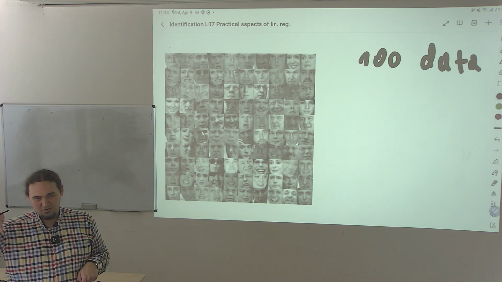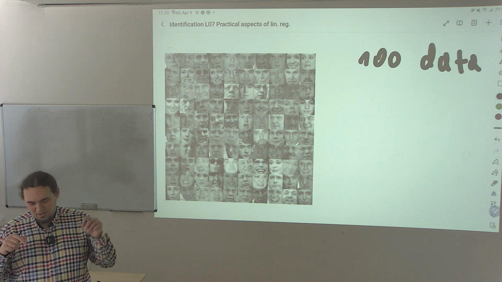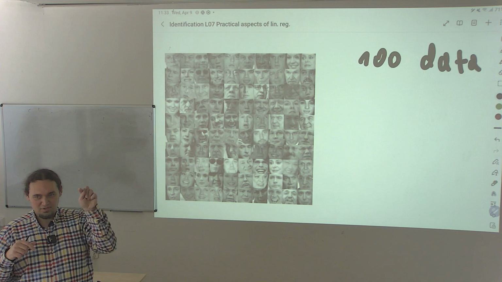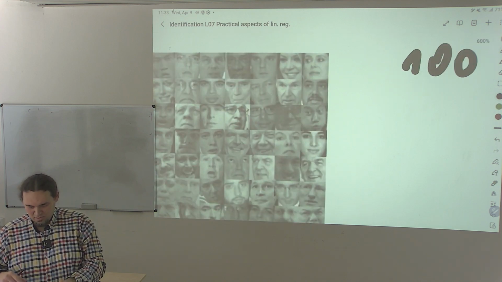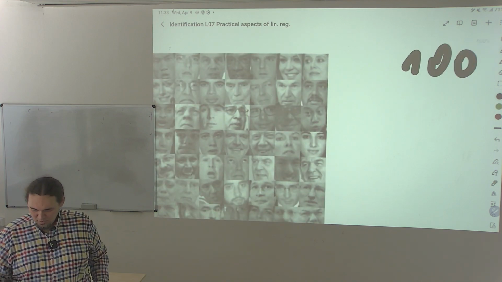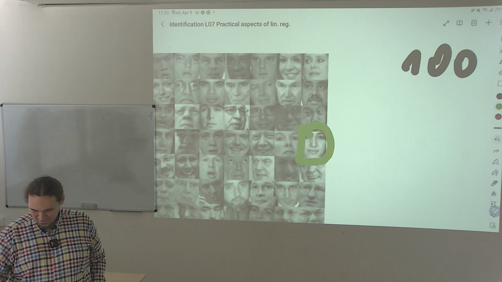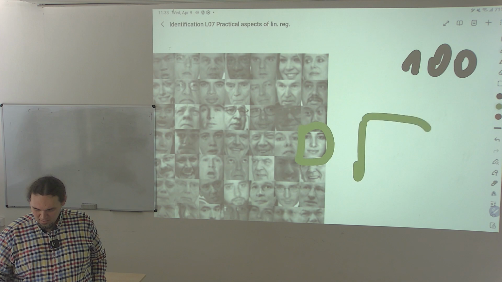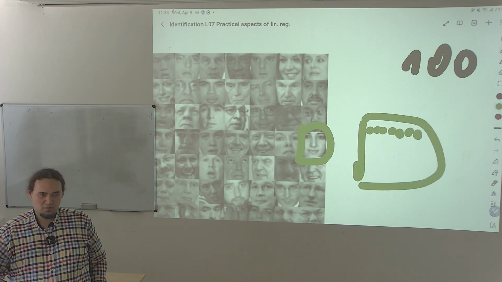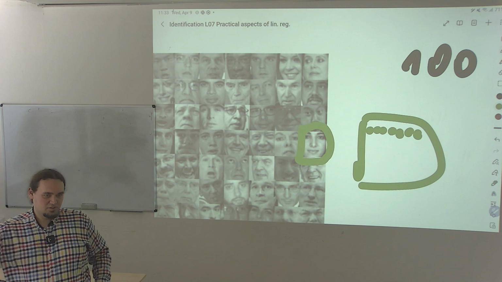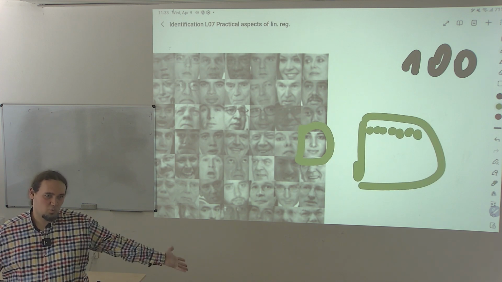So let's say every point in one picture, I cannot zoom more, this is too much zoomed in. Every point on a picture has a value between, let's say, 0 and 1. 0 means black, 1 means white.